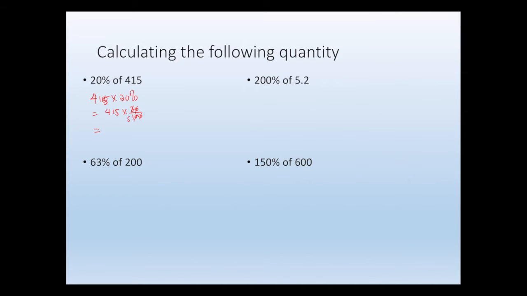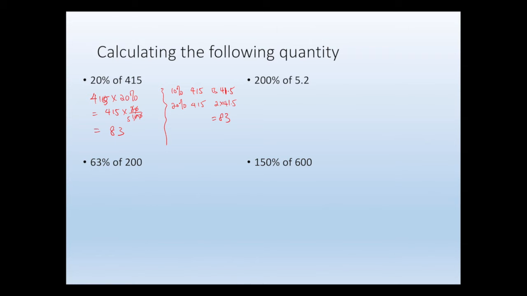So now 415 divided by 5 is 83. Or the other way of doing it is 10% of 415 is 41.5. 20% of 415 is therefore 2 times 41.5, which is 83. Either way is fine. It doesn't really matter how you do it.